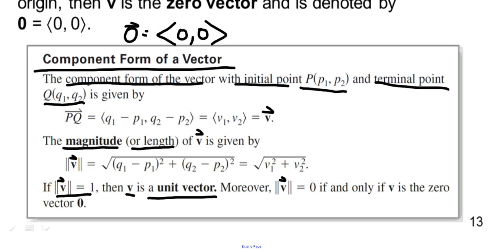So it's the change in the x's and the change in the y's, and that gives us the component vector v1, v2. And of course, when we write that, we still write it with the little vector picture over it.